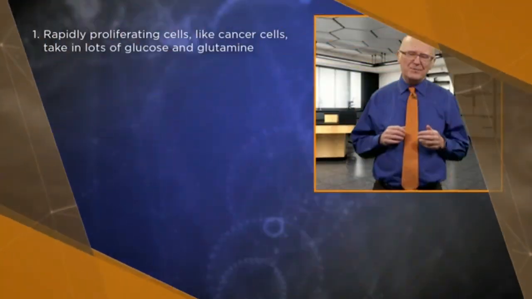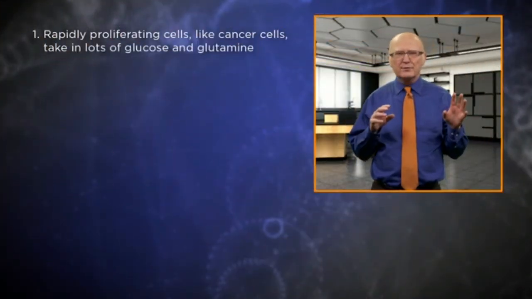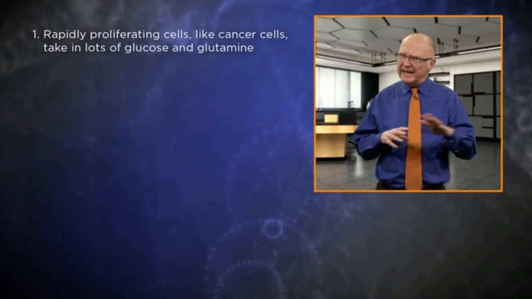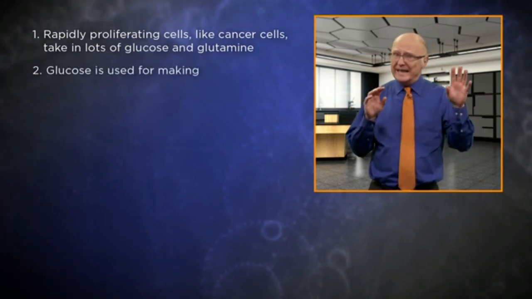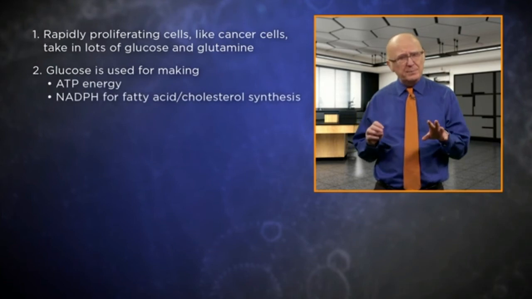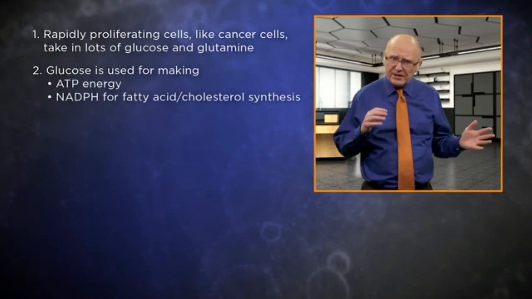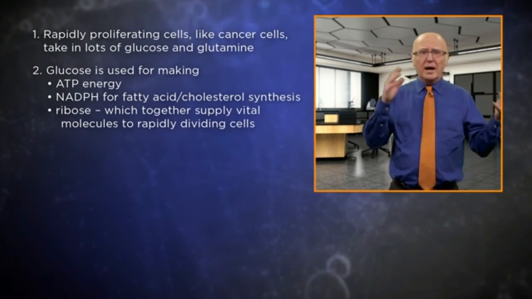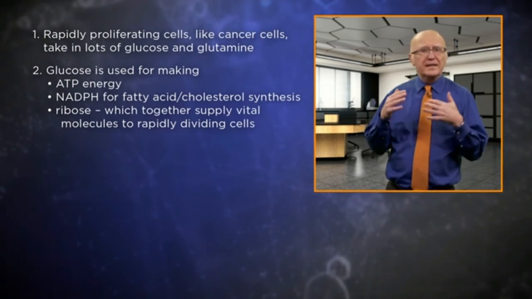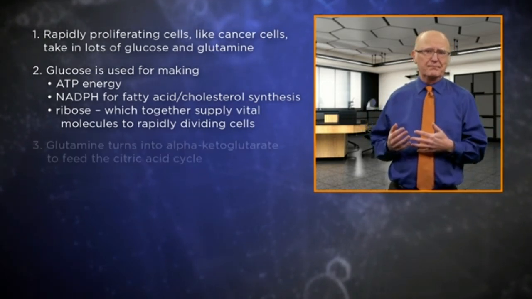So let's take a look at how all this ties together. First, rapidly proliferating cells like cancer cells take in lots of glucose and glutamine. Glucose is used for making ATP energy, NADPH for fatty acid and cholesterol synthesis, and ribose, which together supply vital molecules to rapidly dividing cells.